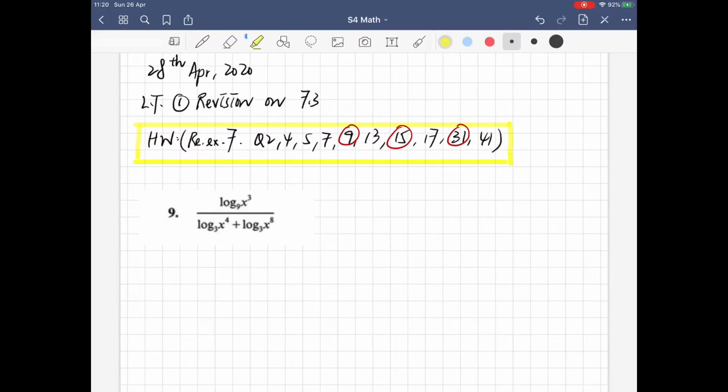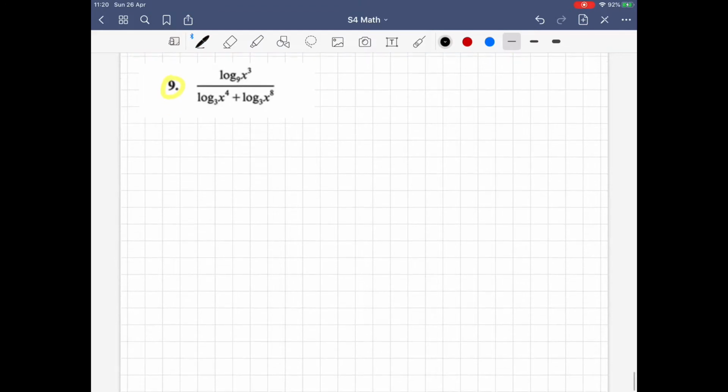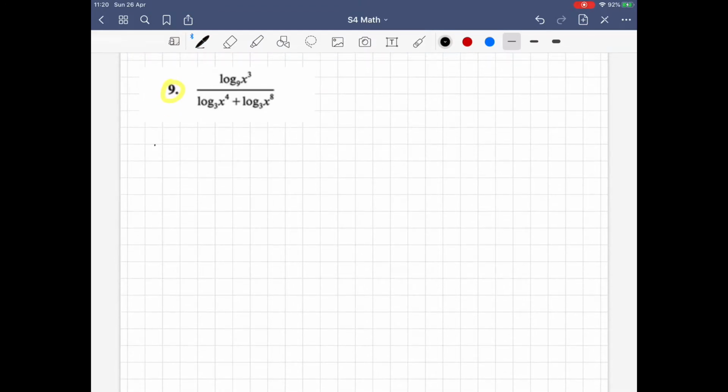Okay, so let's take a look at question 9. Okay, so in this question, we have log x cubed with base 9 over log x to the power 4 with base 3 plus log x to the power 8 with base 3.